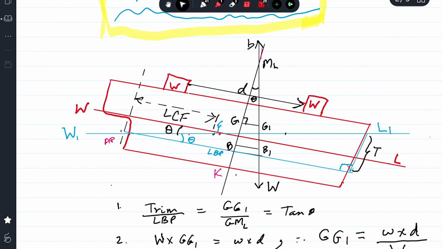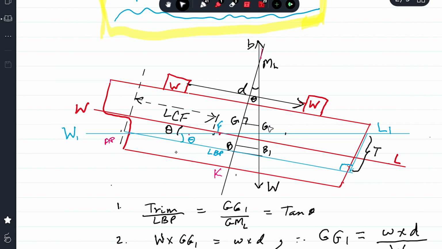Obviously, the ship's center of gravity G, which was on the center line, has shifted parallel to the weight to G1, thereby creating a trimming moment W into GG1, and the center of buoyancy, which is on the center line, will have to come under the new center of gravity for the ship to be in equilibrium.